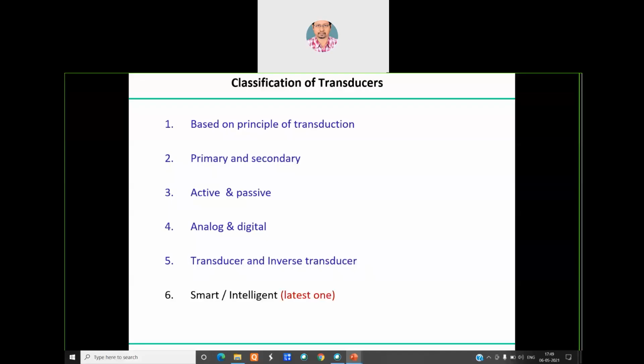If you refer to the books, you will normally get the 5 standard terminologies to define the transducers. Whereas, as for me, I have added another class looking into the new generation of transducers or sensors, because these are not exactly the same sensors or transducers that we have been using for the past 50, 60 years, or 5, 6 decades.